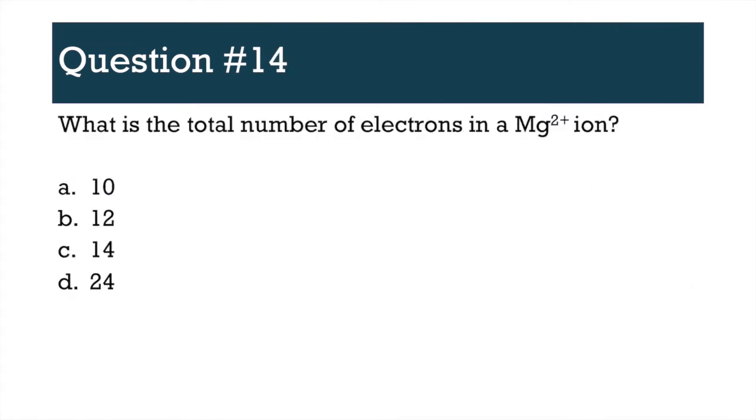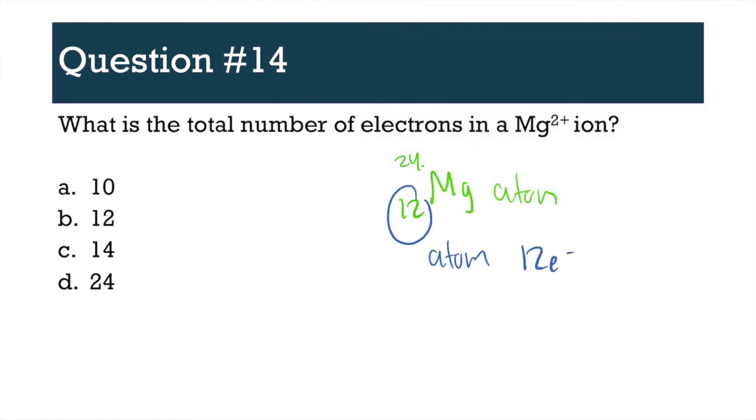Okay. Moving forward, number 14 says, what is the total number of electrons in an Mg2 plus ion? So remember, magnesium normally, the atom. So magnesium has atomic number of 12. It has a mass of 4. So normally in an atom, it would have 12 electrons.